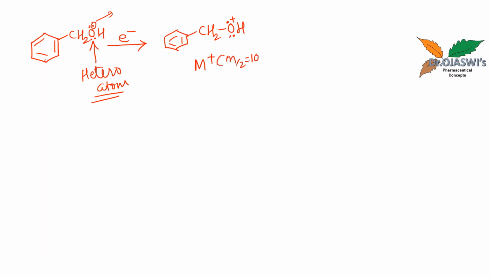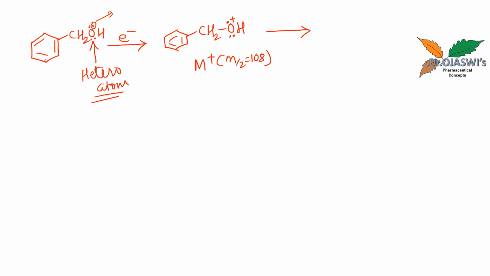I hope you all now know what the m/z value is, that is, the mass to charge ratio. Since the charge is 1, z is always 1, and the mass is nothing but the molecular mass of that particular compound. Now, further fragmentation we can show by homolytic cleavage.